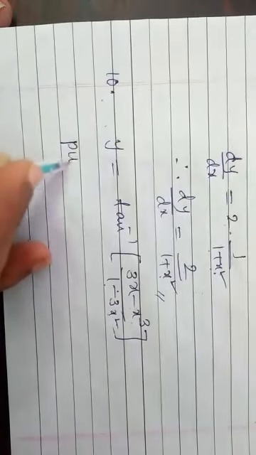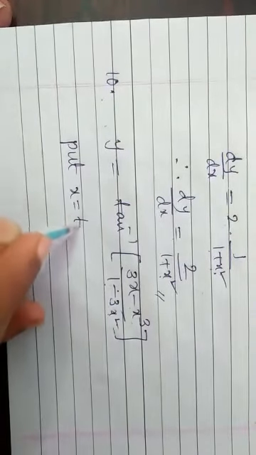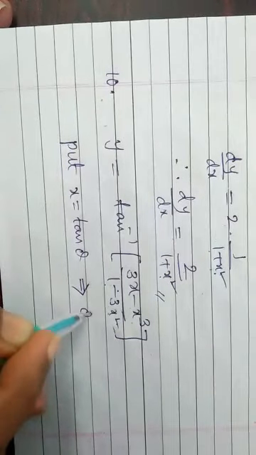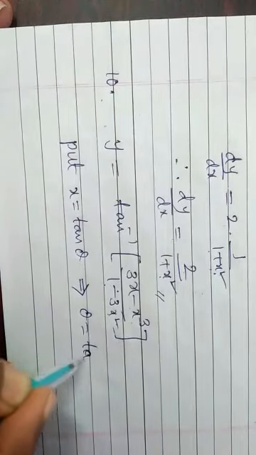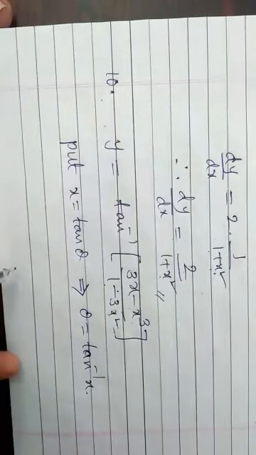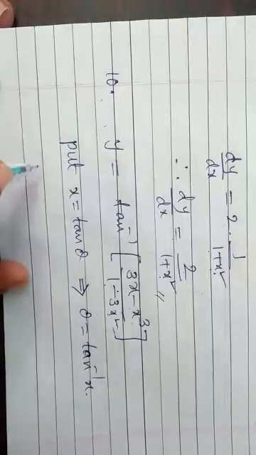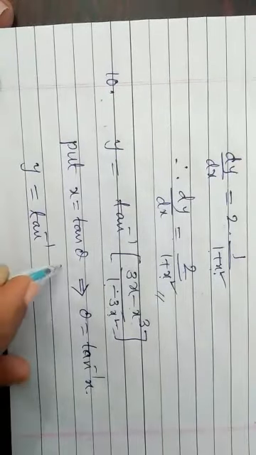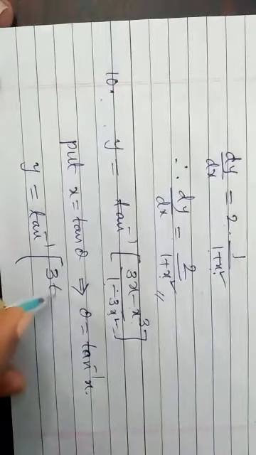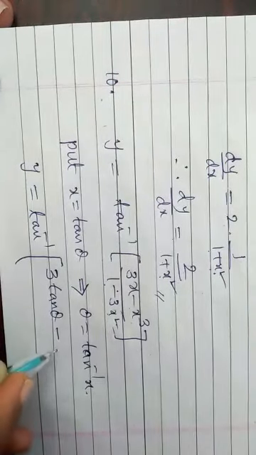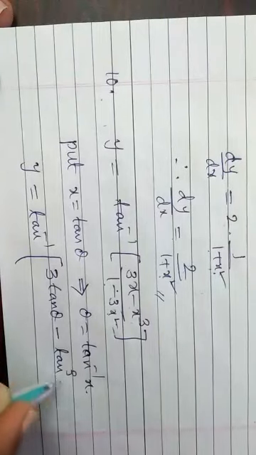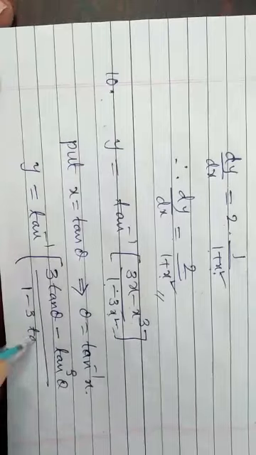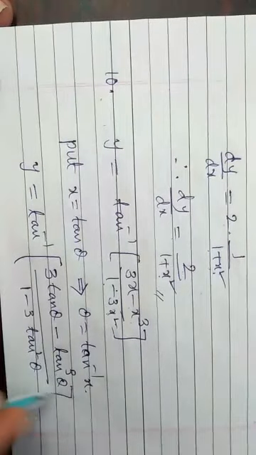In this problem also put x equal to tan theta, that implies theta is equal to tan inverse x. So our problem becomes y is equal to tan inverse of 3 tan theta minus tan cube theta by 1 minus 3 tan square theta.